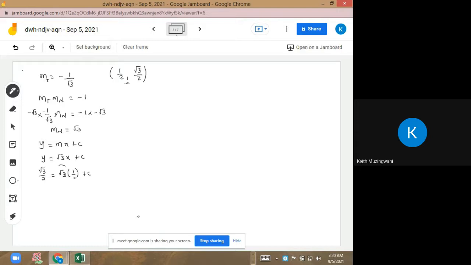So we take this to the other side, we'll have √3/2 minus √3/2 is equal to c, meaning that c is equal to 0. So for this one, we'll have y is equal to √3x, since c is 0. This is the normal line equation.